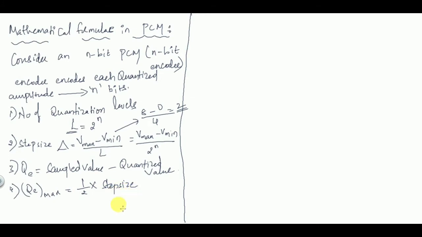And fifth, the range of QE, which I also explained in my previous video. QE varies from minus del by 2 to plus del by 2. So this is the minimum value and this is the maximum value, and QE varies from minus del by 2 to del by 2.